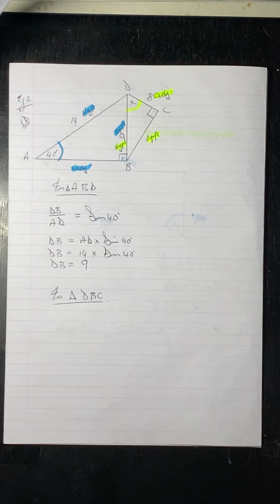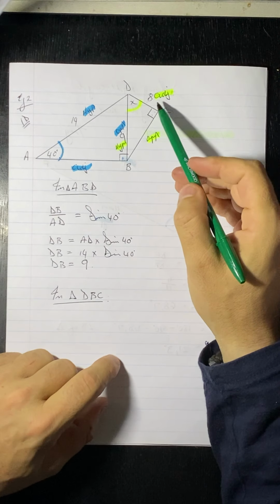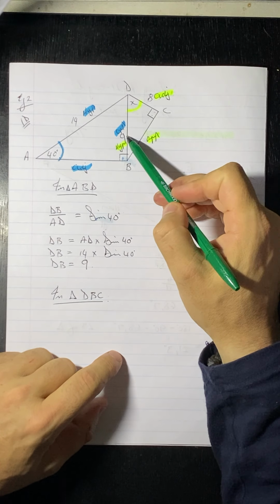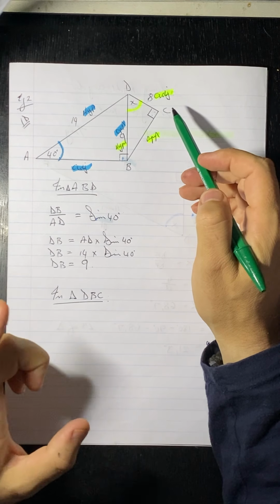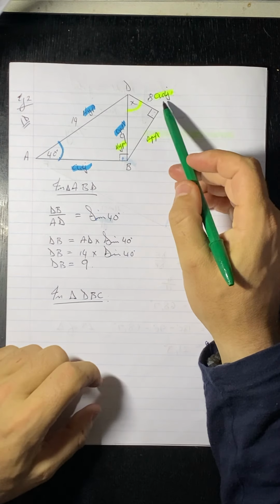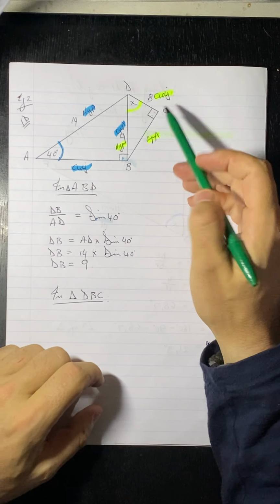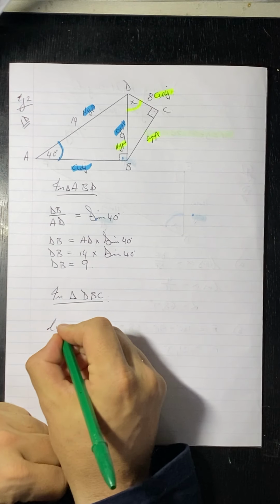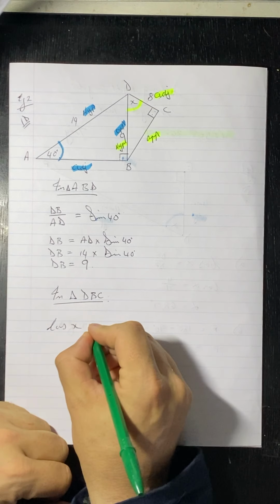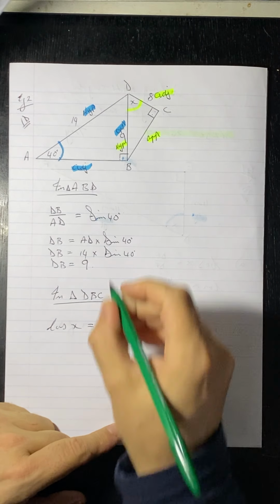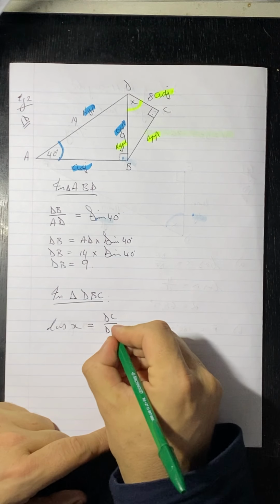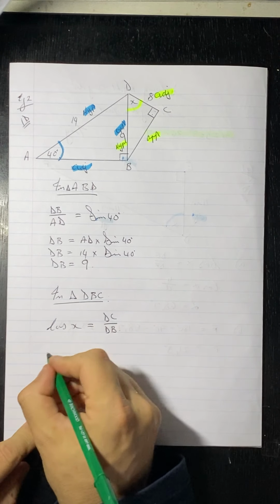Okay, so if we have a look at the two sides that we know, we have an adjacent and a hypotenuse. Which trig function has that adjacent hypotenuse combination? It is cos. So we know that cos x will be equal to adjacent, which is DC, over the hypotenuse, which is DB. We can fill in our information now.